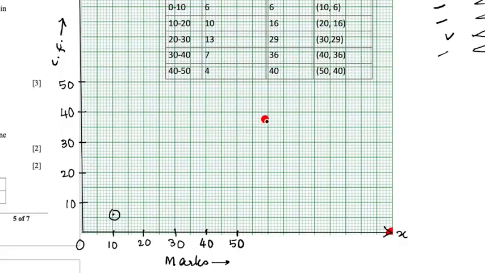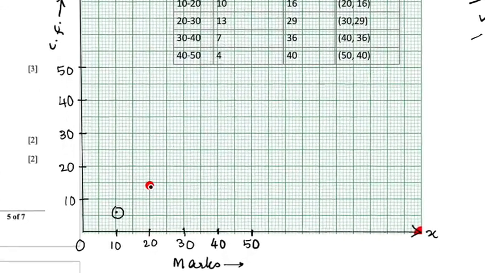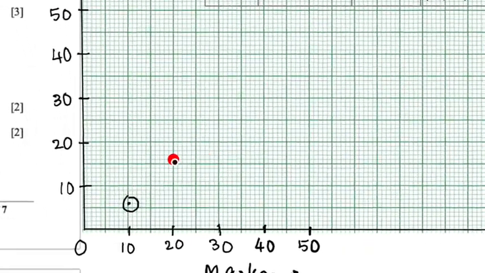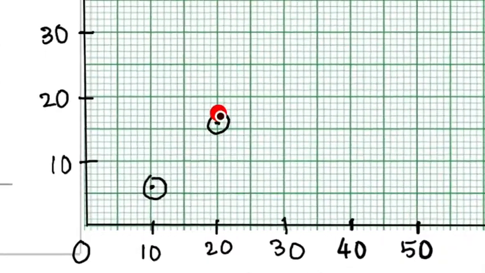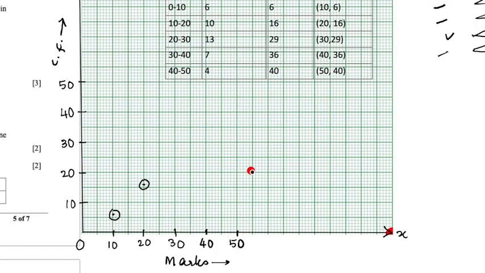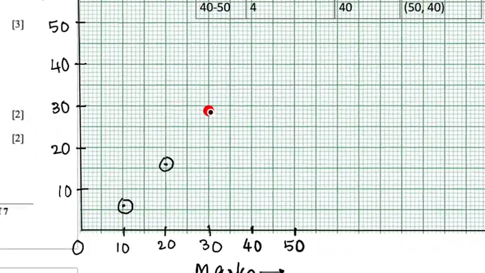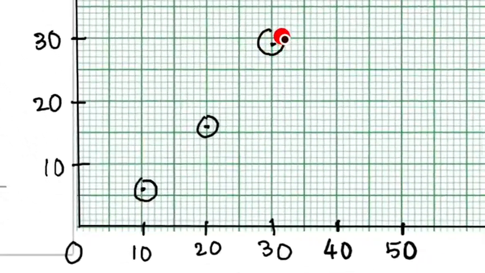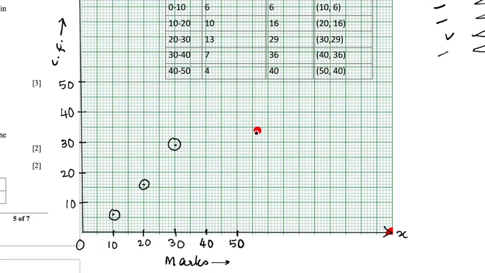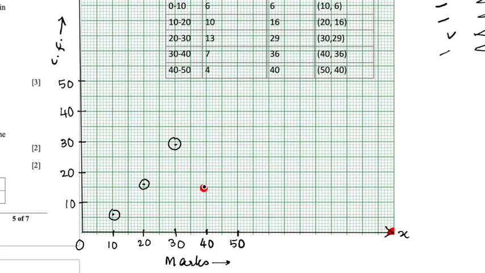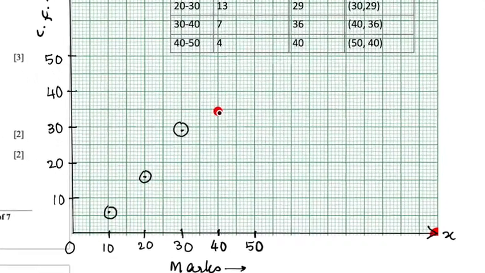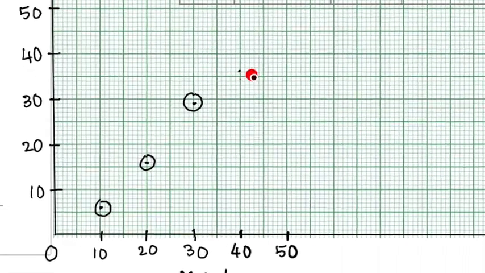Okay, next one is 20, 16. So this is 20, this is 15, 16 will be here. 30 and 29, so this is 30 and 29 will be here. And 40 and 36, so 40 and 35 here, so 36 is here.